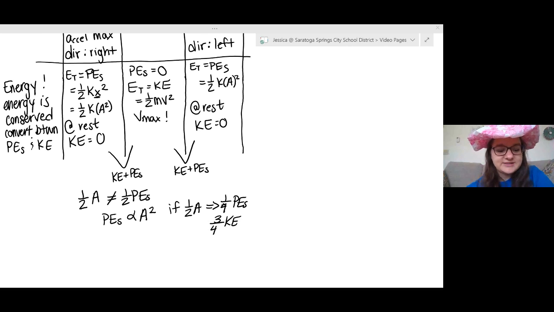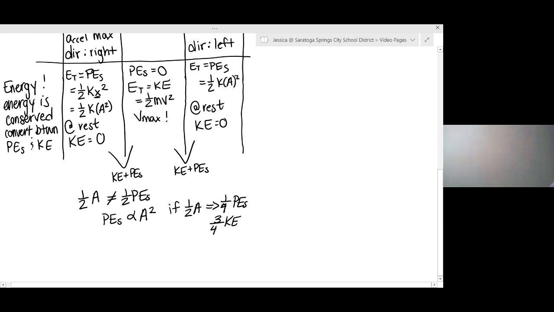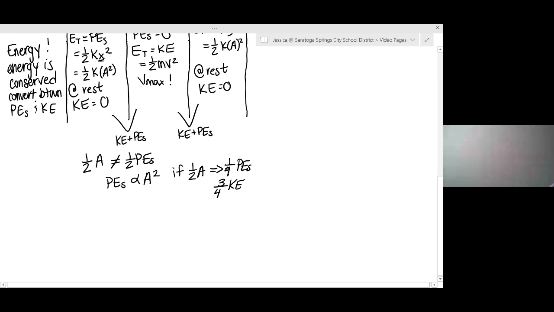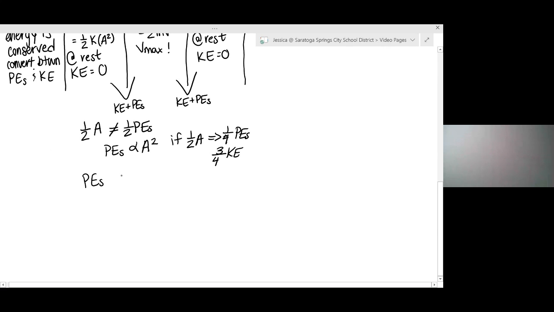One thing I did forget to add with energy that is kind of cool, because we directly convert between spring potential energy and kinetic energy, right? 1/2 kx squared converts totally to 1/2 mv squared. Okay. X and V actually have a direct relationship.